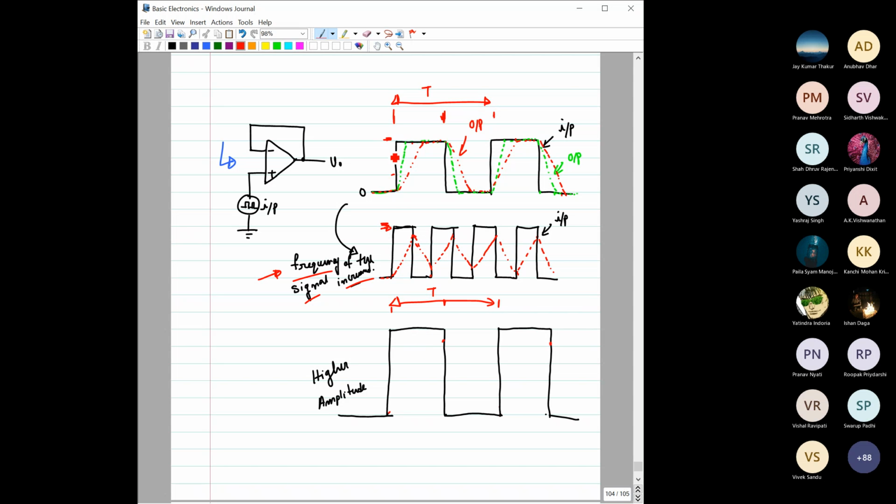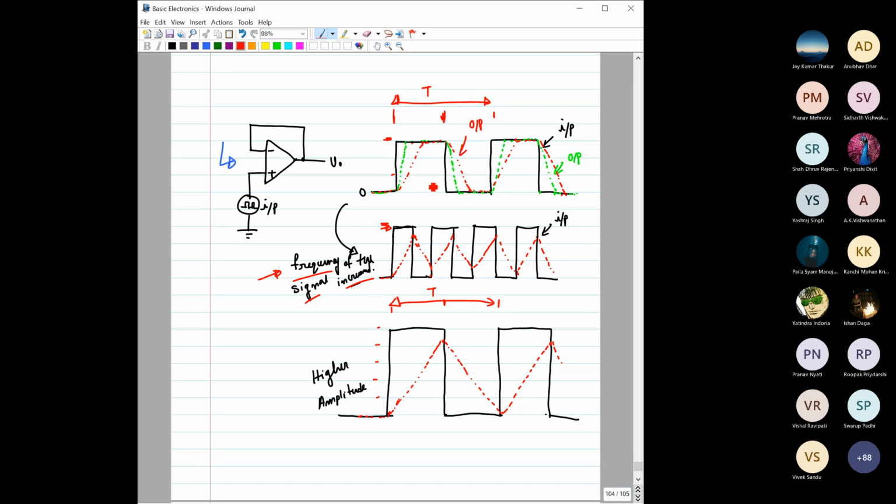Here the amplitude was 3 units, and here it is 1, 2, 3, 4, 5, so 5 units. Using the same rate of change of output, the output will probably look something like this, right?